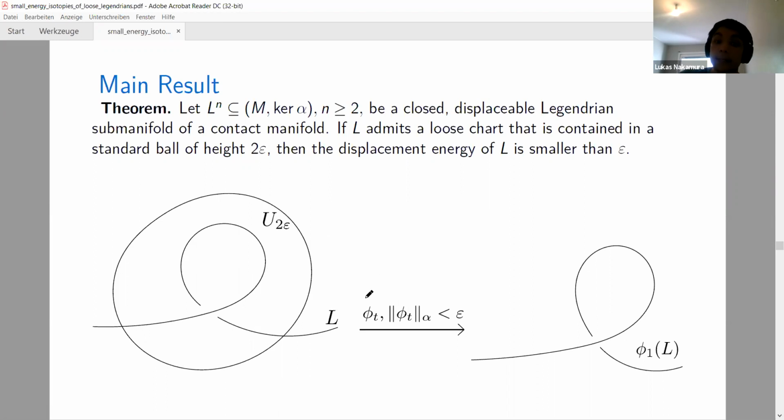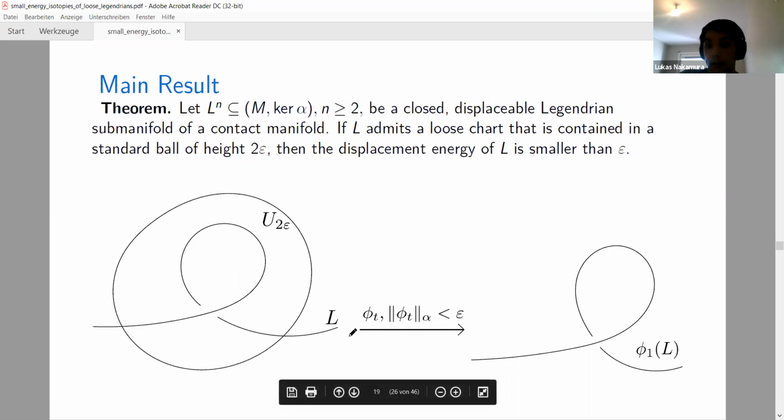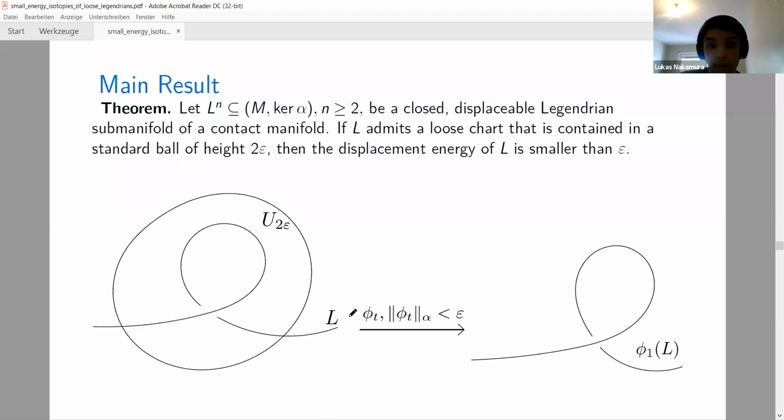The claim is that there exists a contact isotopy with energy smaller than epsilon which displaces L, so which moves L somewhere else so that its image is displaced from L. The rest of the time I will spend trying to explain why this is true.